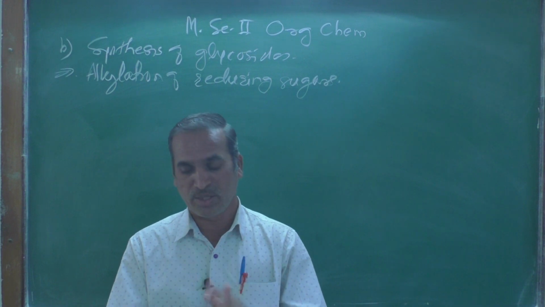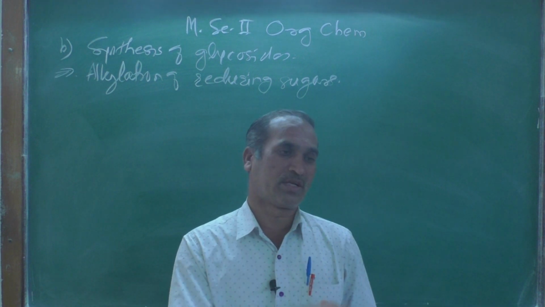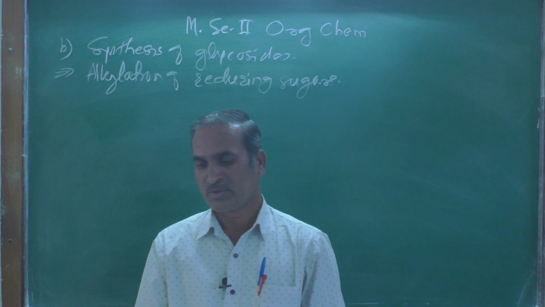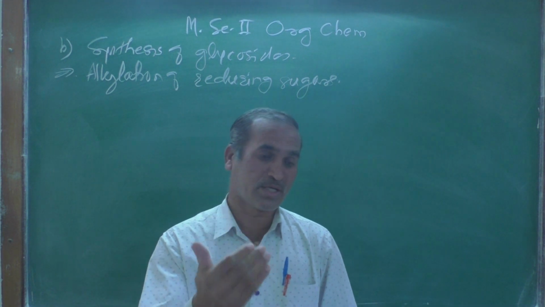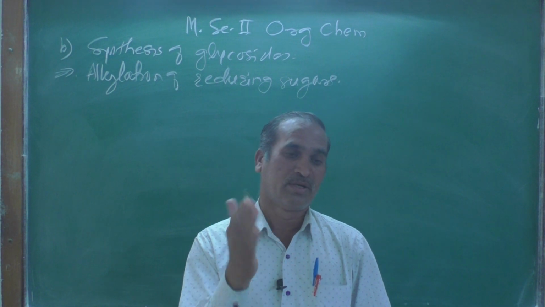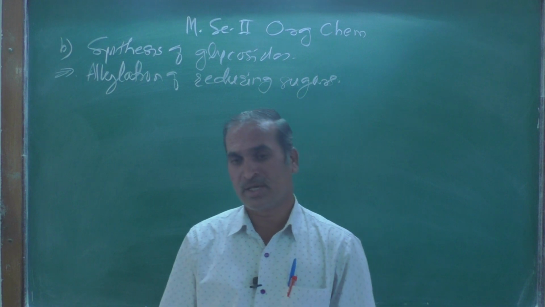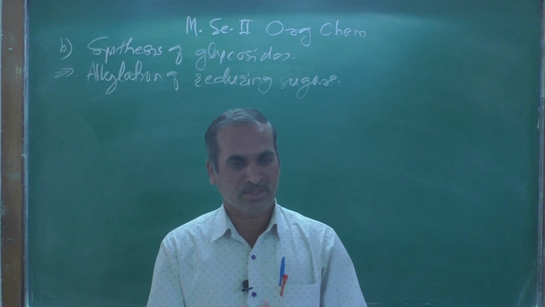We already know that, but here, if you observe the structure of sucrose, it is a non-reducing sugar. Why is it a non-reducing sugar? Because it does not contain a hemiacetal structure.